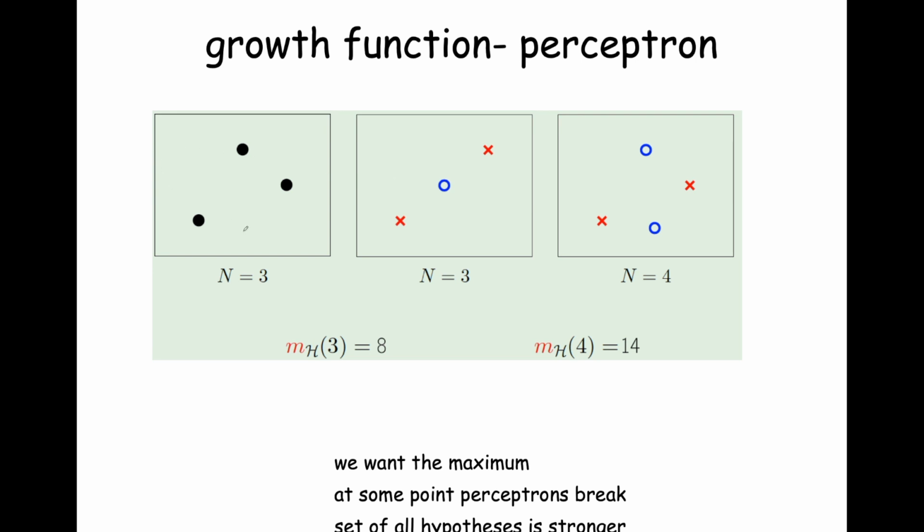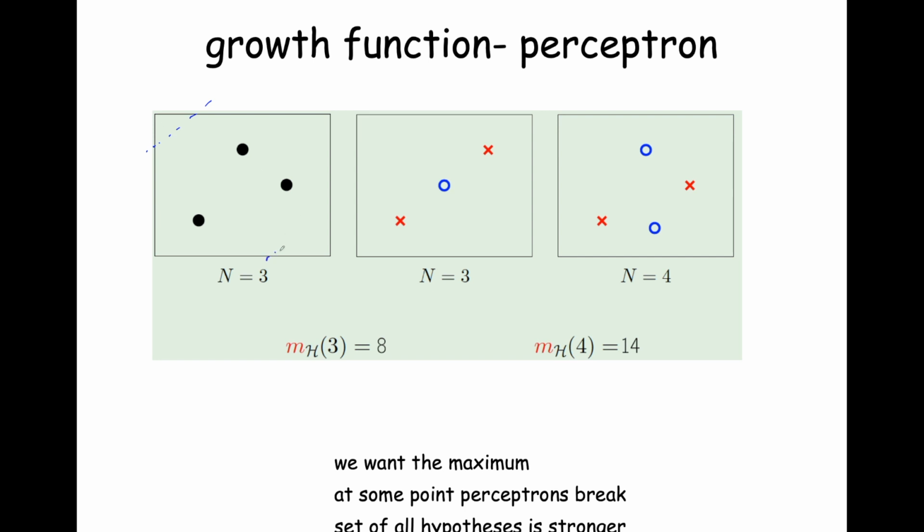And so I'll direct your attention to the frame on the left-hand side. For that same n equals 3, if they're arranged in the following way, well, for the growth function we can produce with the perceptron, line on the plane, 8 dichotomies. So what are those 8 dichotomies? Well, if we put the perceptron here, we get all red and no blue.